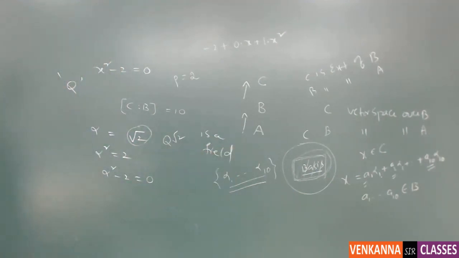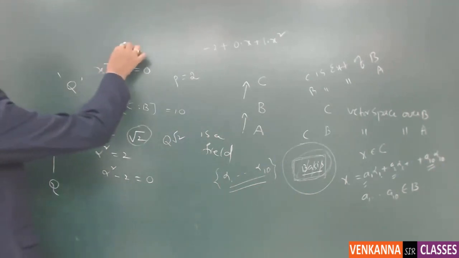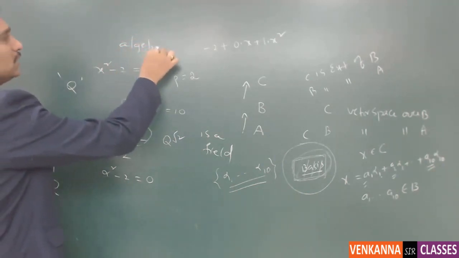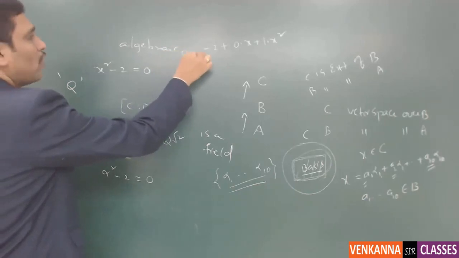What will be the hierarchy here? This is Q, this is Q of root 2. So Q is a subfield of Q of root 2. Hence, we say that Q of root 2 is an extension of Q. The additional element we have taken here, we call it algebraic over Q.